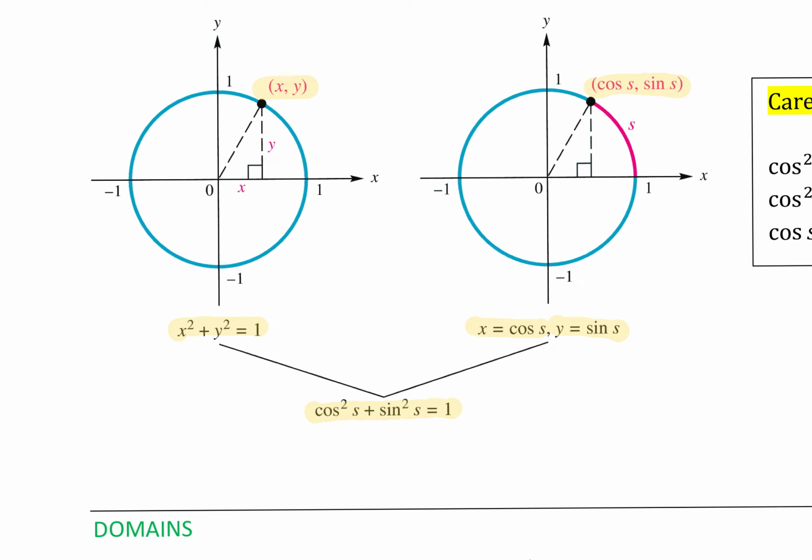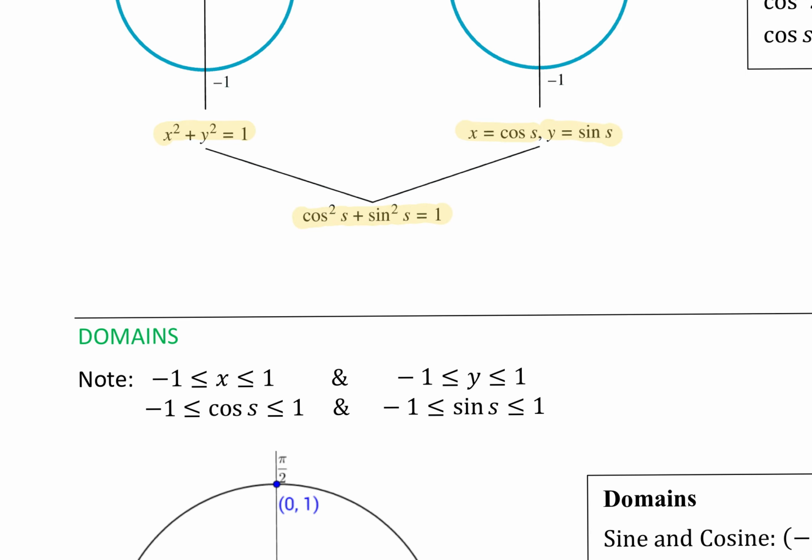So another way to write this would be if we take the cosine of s and we square this whole thing, and sine of s and square the whole thing. These mean the exact same thing. You have to have the parentheses there.